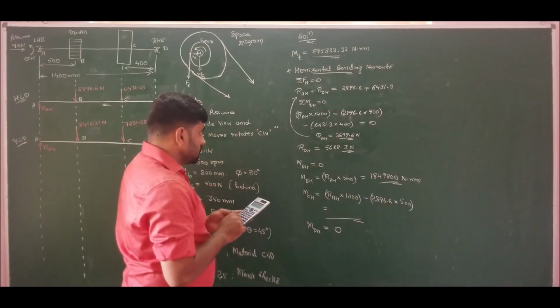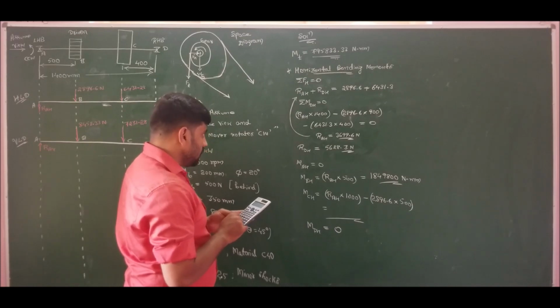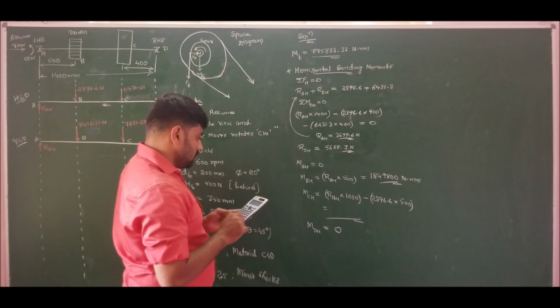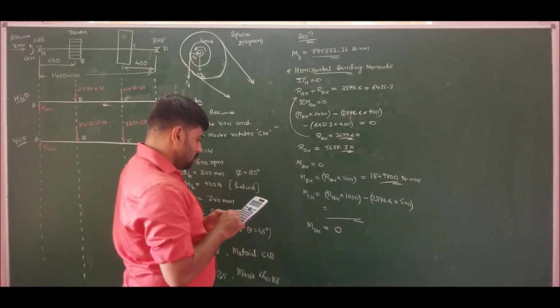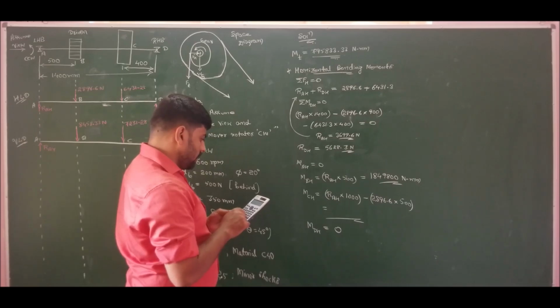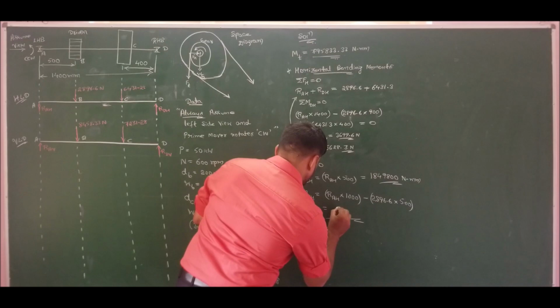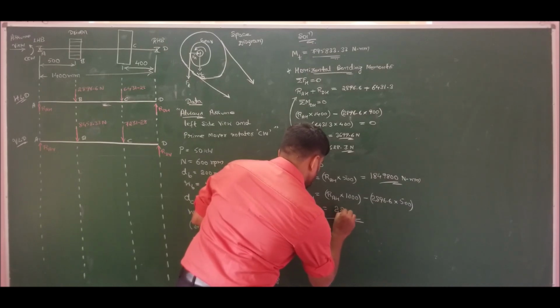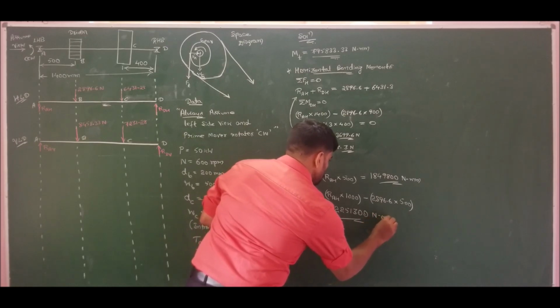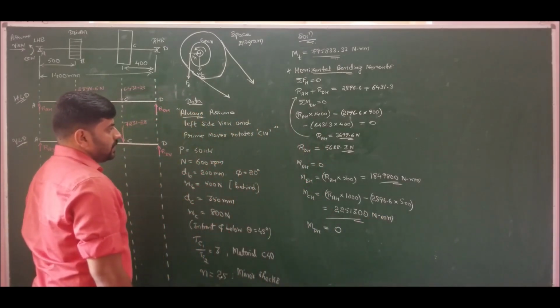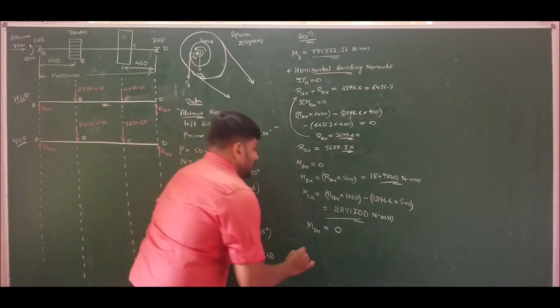For MCH we get 3699.6 into 1000 minus 2896.6 into 500, which is equal to 2251300. So this completes the horizontal bending moment. Next, moving to vertical bending moments.